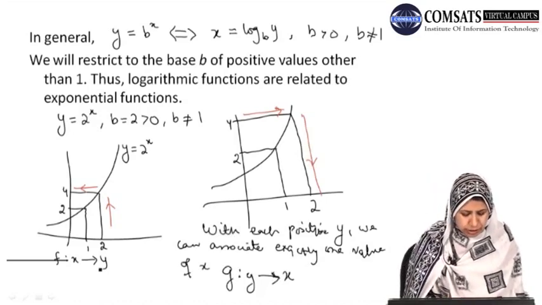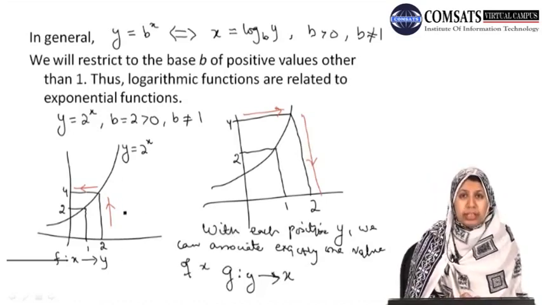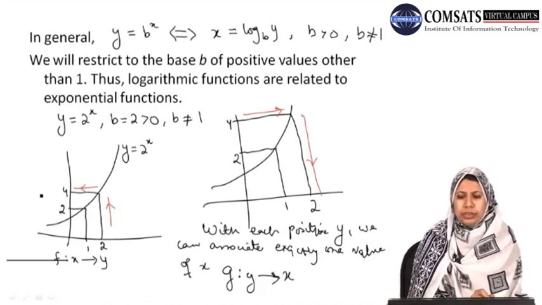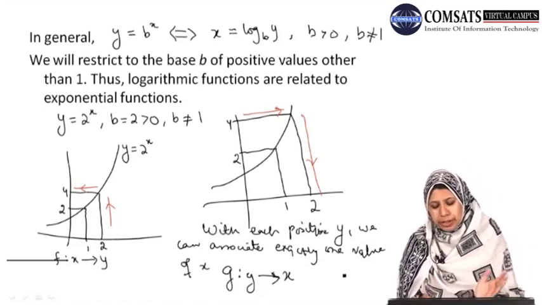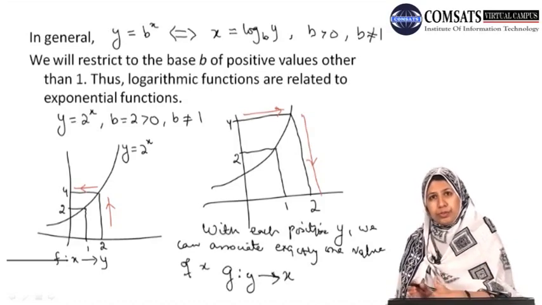That is, the exponential function is giving, for the input x equal to 2, the output 4, and the log function is bringing that output back to 2.